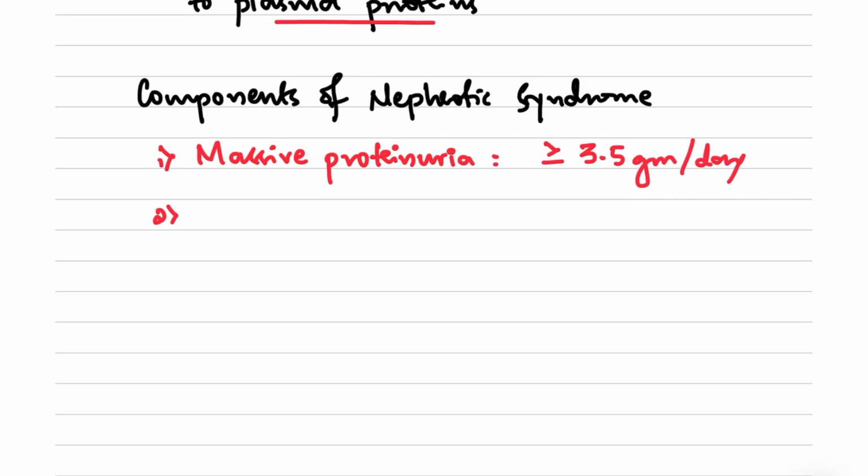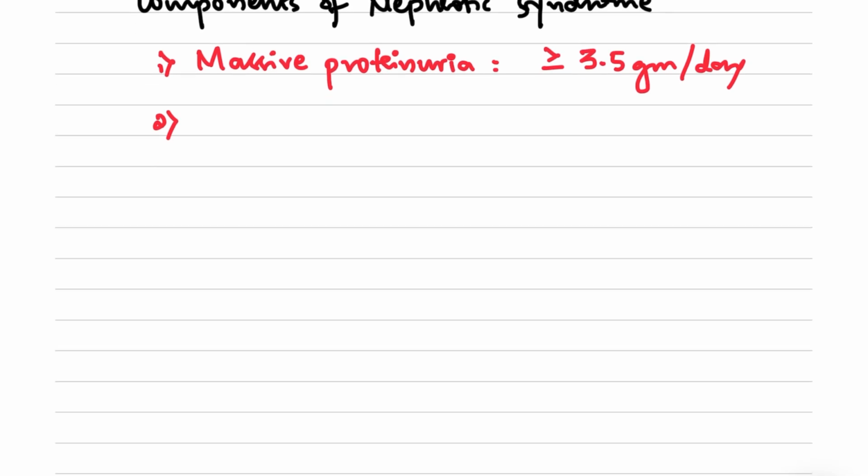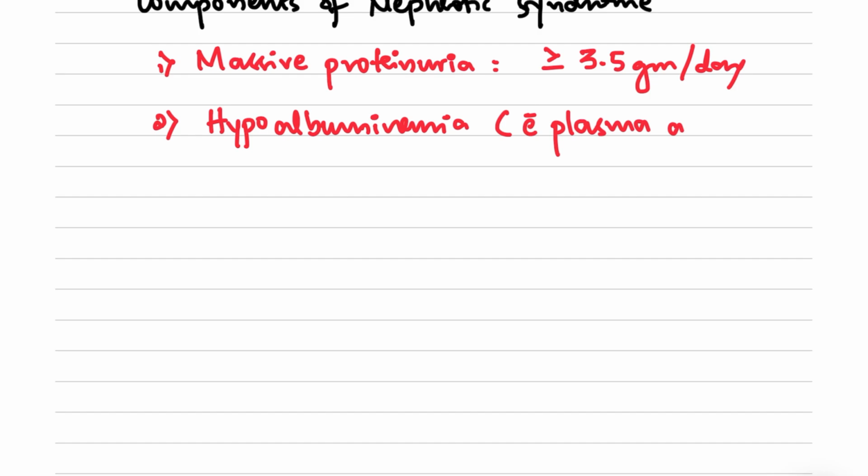The second component in nephrotic syndrome is hypoalbuminemia. The plasma albumin concentration will be reduced, usually with plasma albumin levels of less than 3 grams per deciliter.